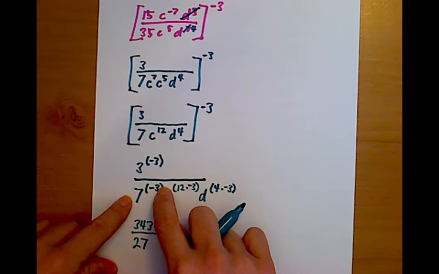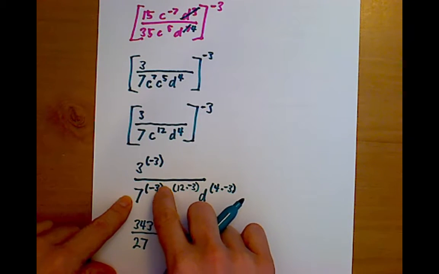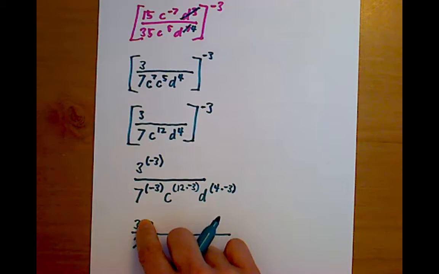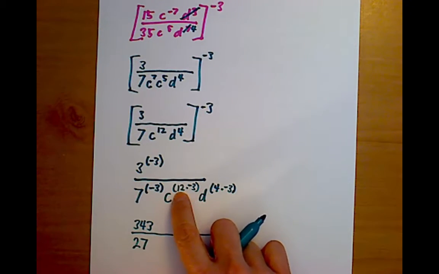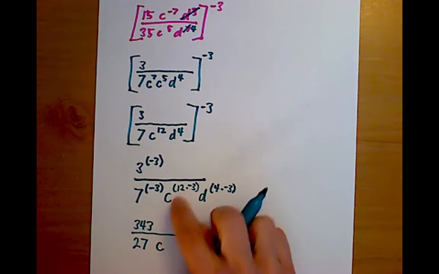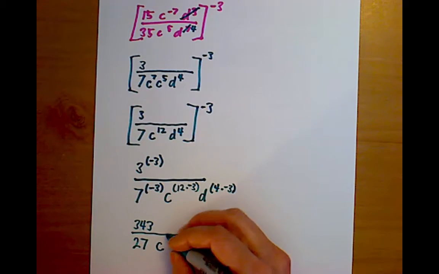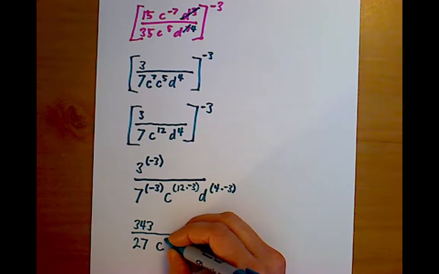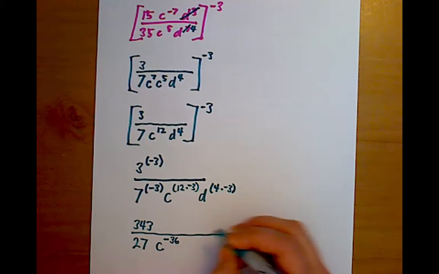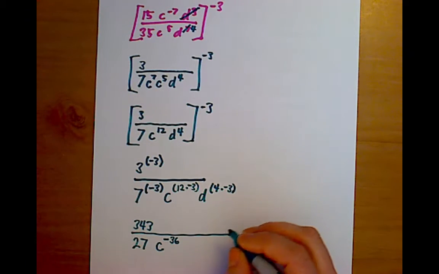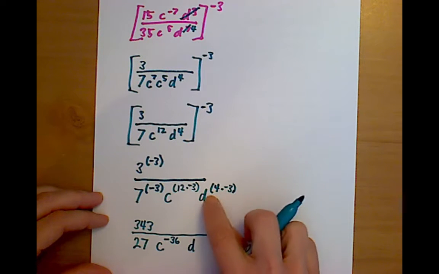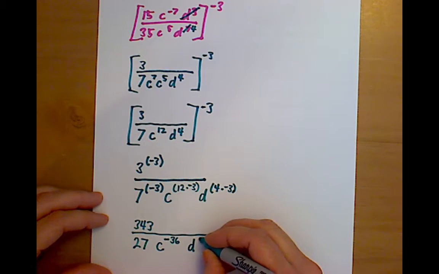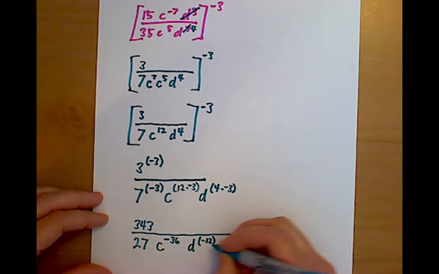7 to the third power is 343, and then the negative puts it in the numerator. And for C, we do 12 times negative 3, which gives us negative 36. And D times 4 to the negative 3 gives us negative 12.